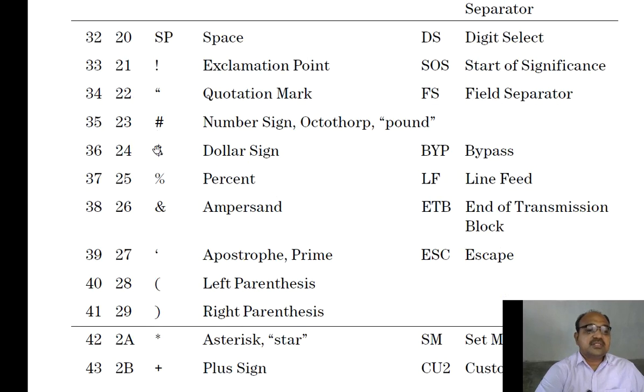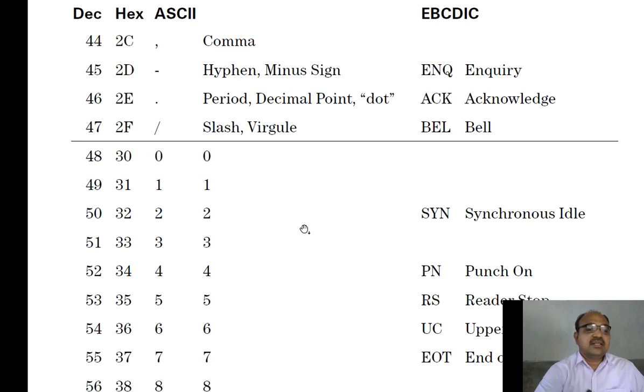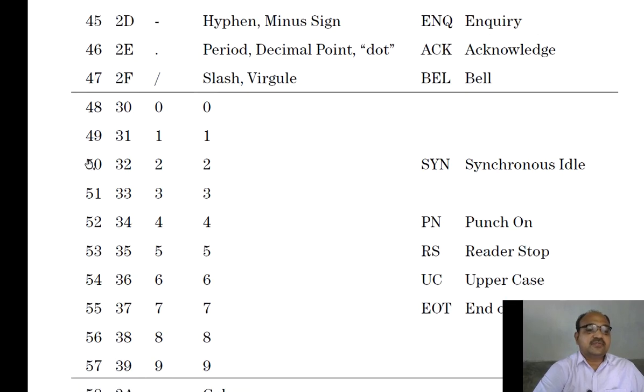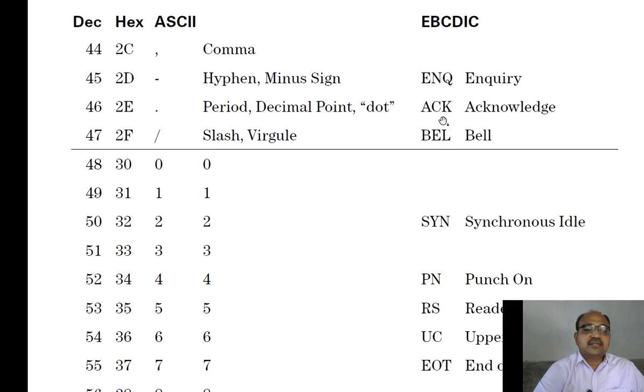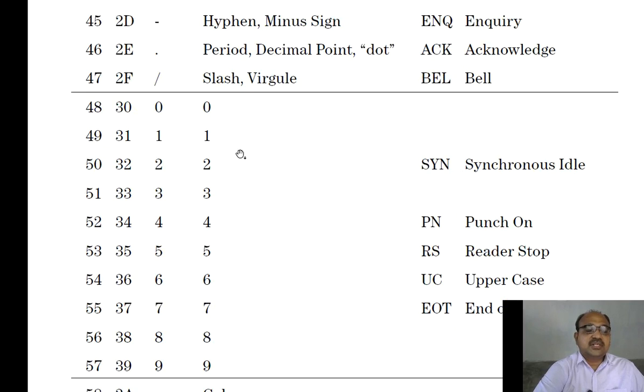Keep on scrolling. You can see here special symbols. Okay, so 0 to 9 symbols have been represented by the decimal values 48 to 57. In case of EBCDIC, 0 to 9 are not there in this particular range.